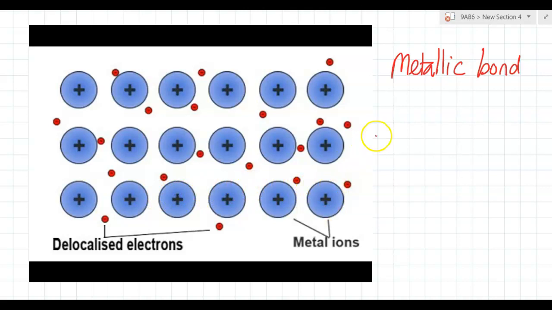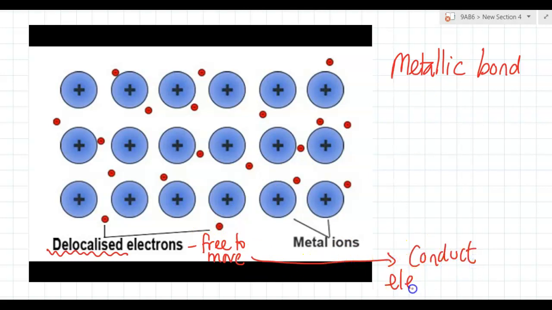But in all metals, the outermost electrons are delocalized. That means they're free to move. So just like the graphite, all metals are good at conducting electricity when they're solid. Okay? The free electrons can move through the metal structure, carrying charge. That's what conducting electricity is.